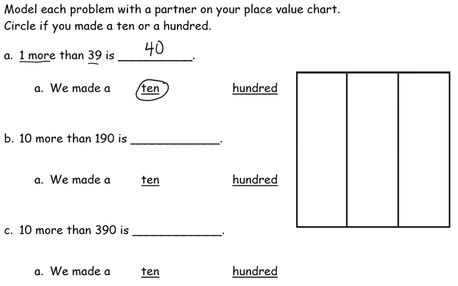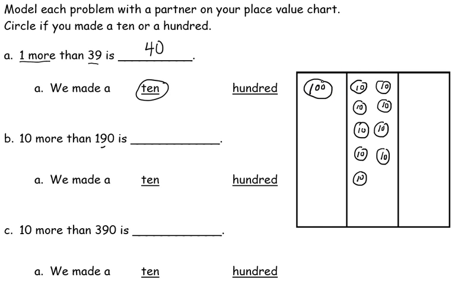In my next problem, I'm going to start with 190. So that would be 1 group of 100 and 9 groups of 10. So I'll draw my 9 disks showing 9 groups of 10. And there's 190. Now we're going to add 10 more to that number, meaning I'm going to add one more tens disk.